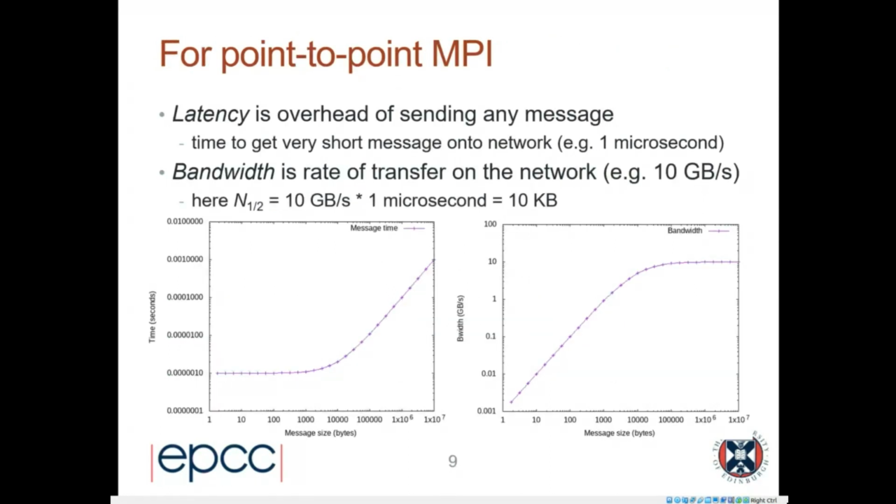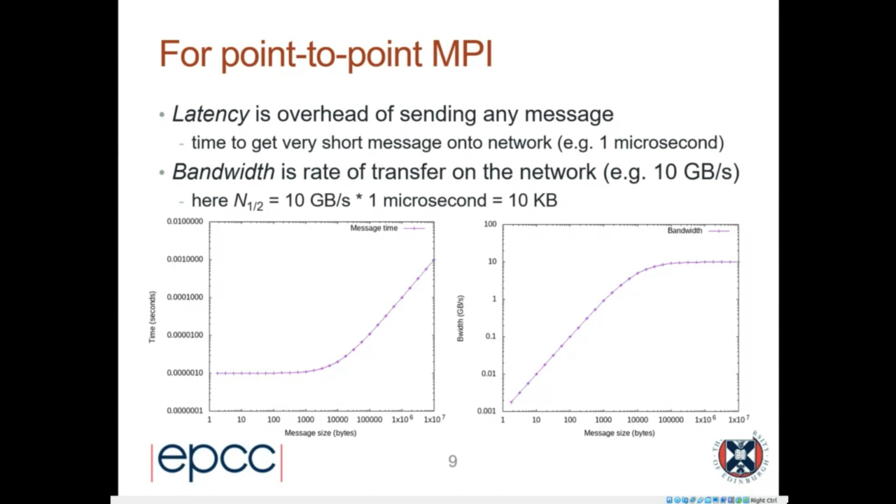Clearly, for point-to-point MPI, the latency is the overhead of sending any message, and some time to get a very short message onto the network. Now, actually, the latencies are quite high. It's often a software latency or an OS latency. Basically, modern processors, computers, and operating systems are very shrink-wrapped. That makes them robust.